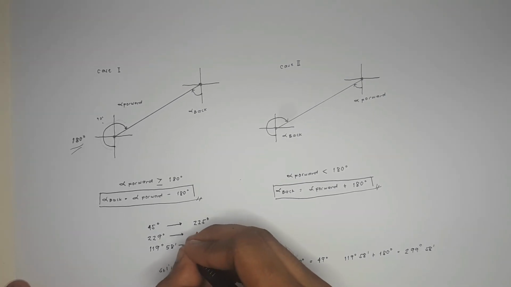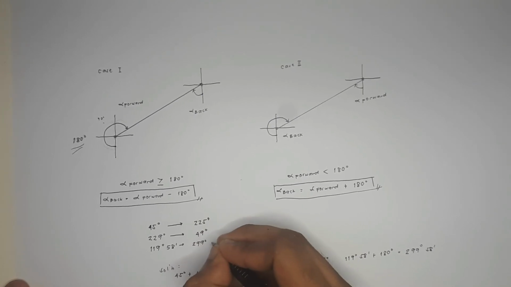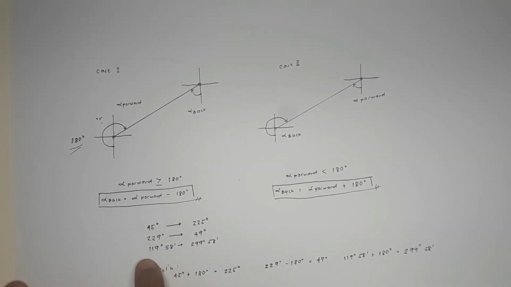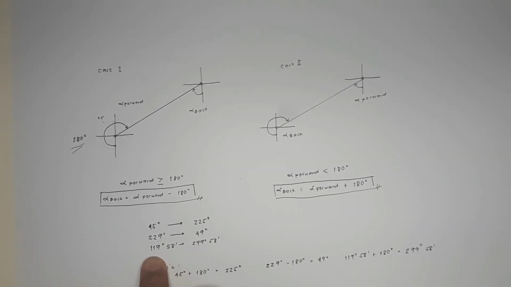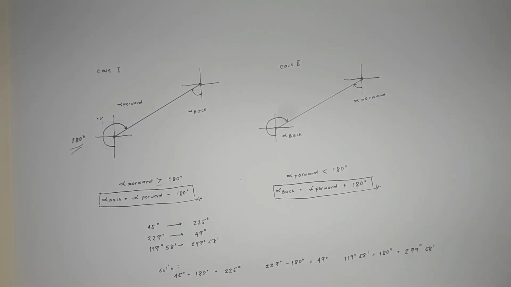So this will be our back azimuth, 299 degrees, 58 minutes, for our angle 119 degrees, 58 minutes. So that's all about forward and back azimuth.